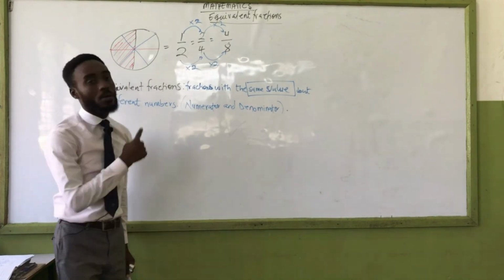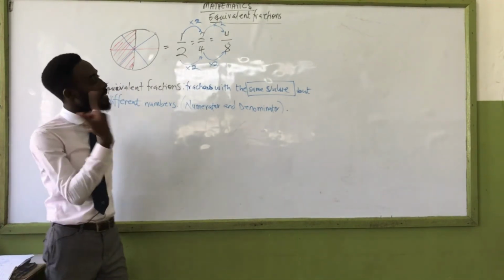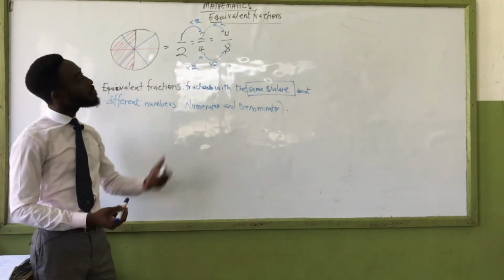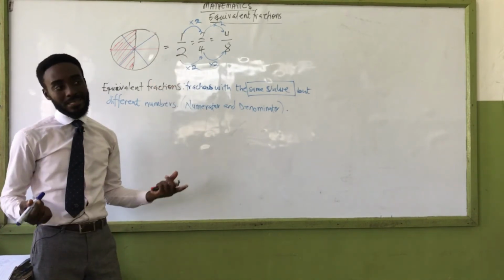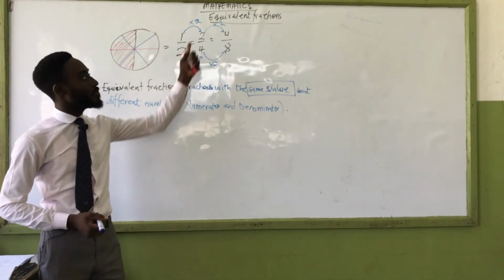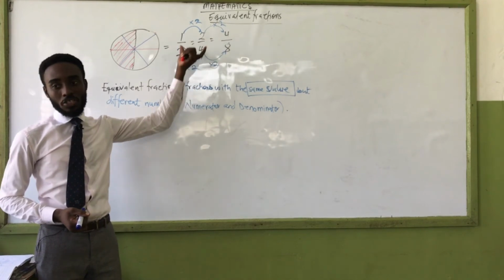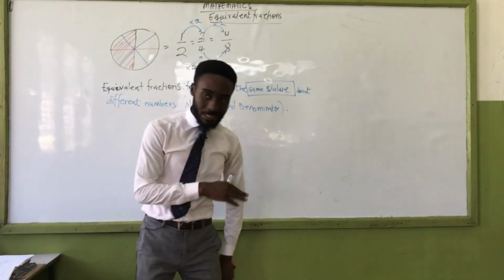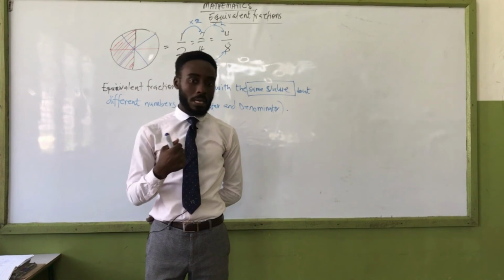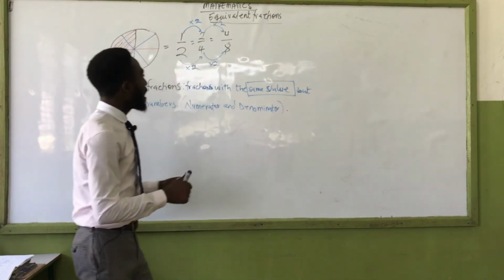Alright, so having done this for some time, we could establish a rule: when you multiply the numerator and the denominator by the same number, you get an equivalent fraction. Is that okay? Alright, so let's try this.